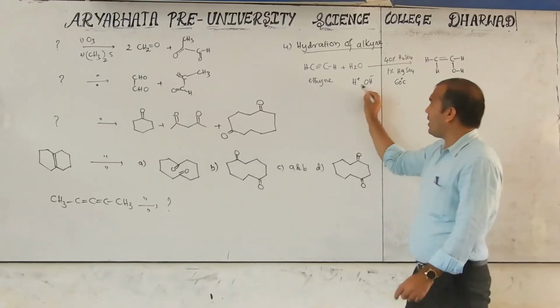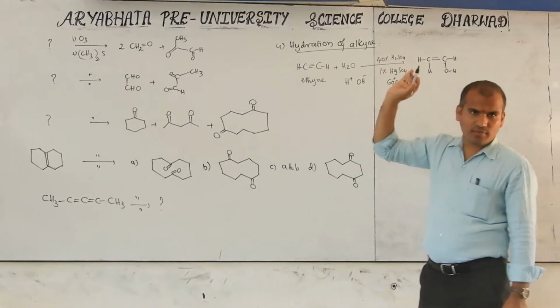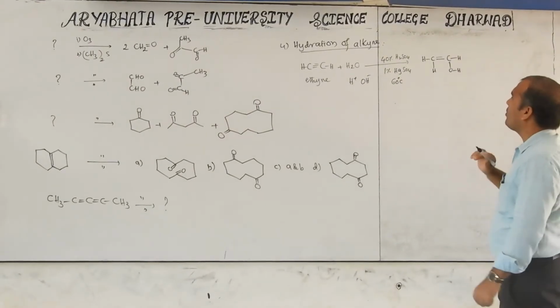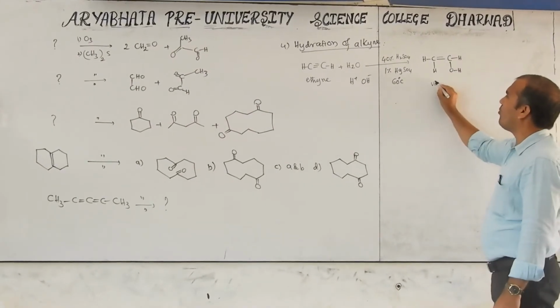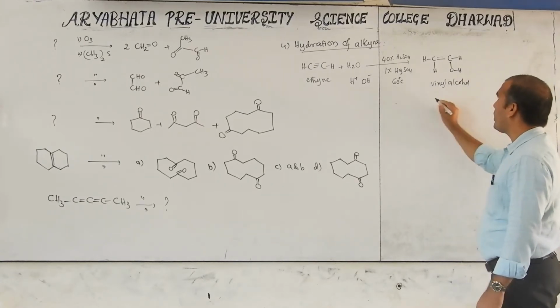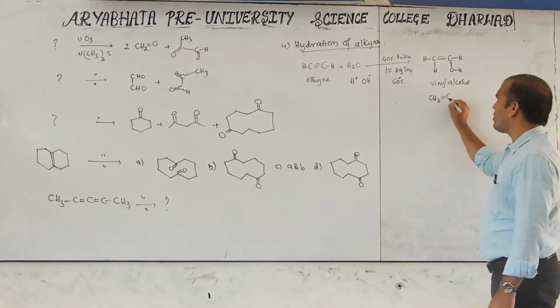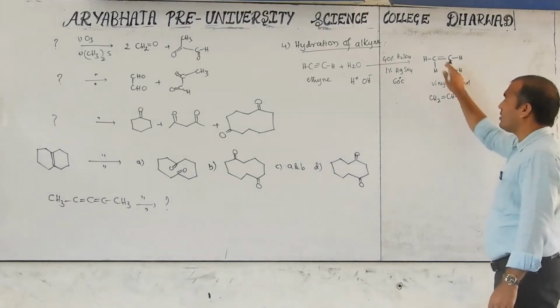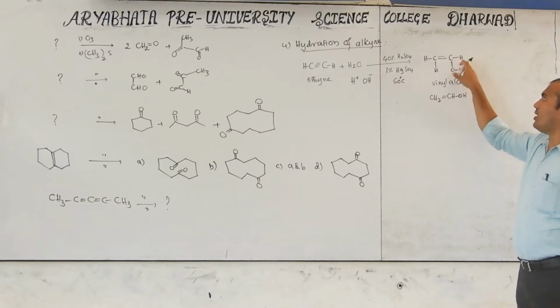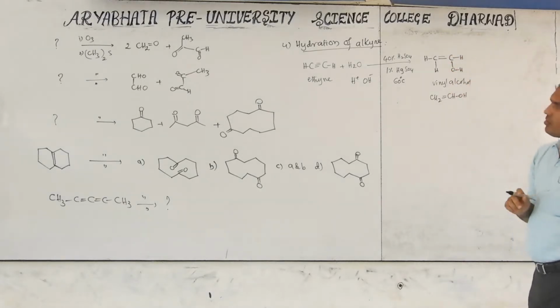By adding these two, 1 bond is cancelled. Remaining CH, everything is there. Now carefully observe. This is called vinyl alcohol, which you already studied in the alcohol chapter. CH2 double bond CHOH, vinyl alcohol.